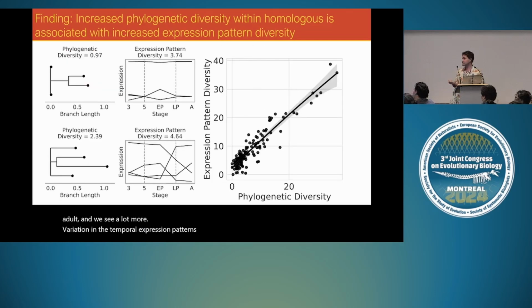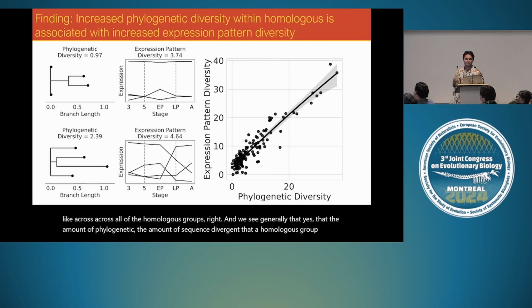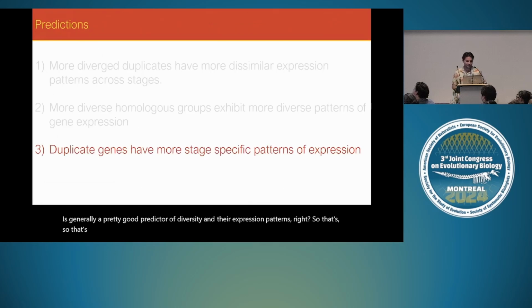Looking at the correlation across all of the homologous groups, we see generally that the amount of sequence divergence a homologous group has undergone is a pretty good predictor of diversity in their expression patterns. So that's good.